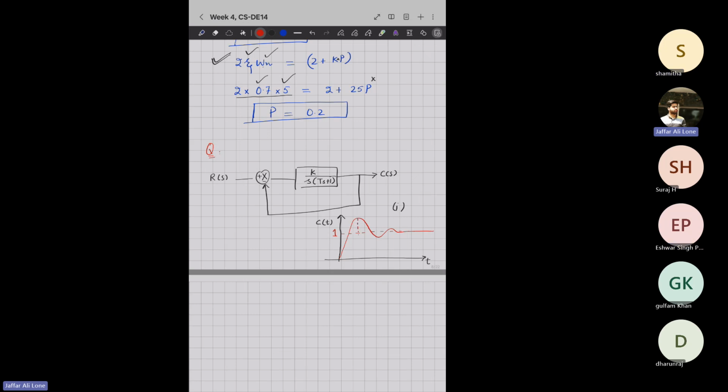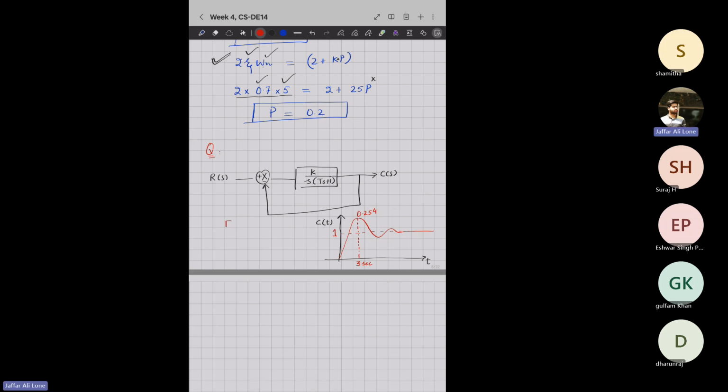It's also given that the peak time is 3 seconds, and the peak value is given as 0.254, that is 25.4%. The final steady state value is also given as 1.